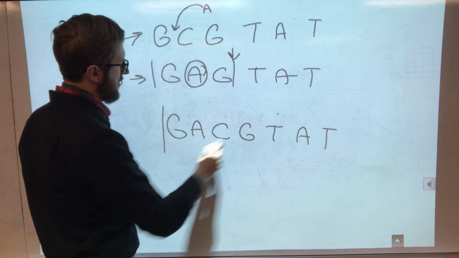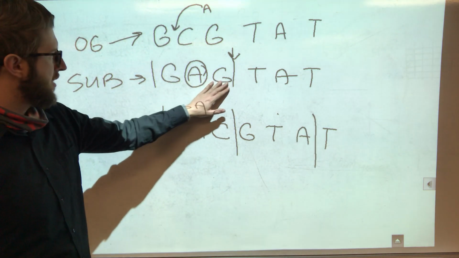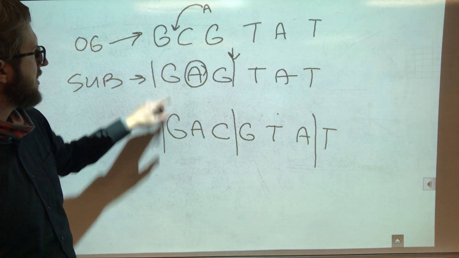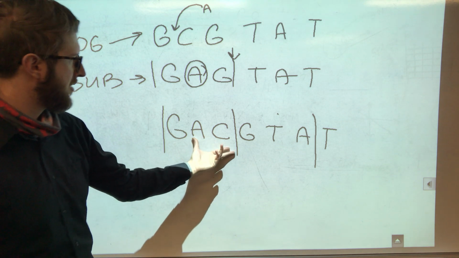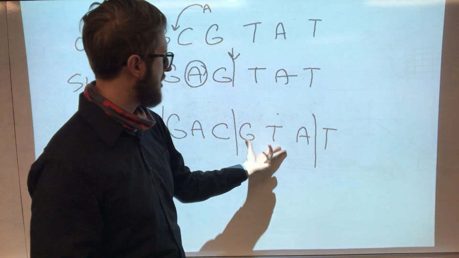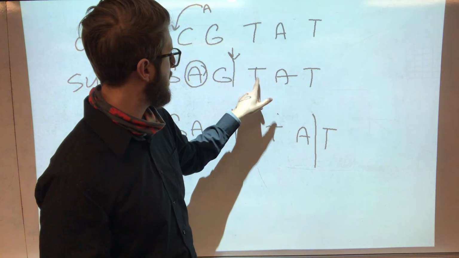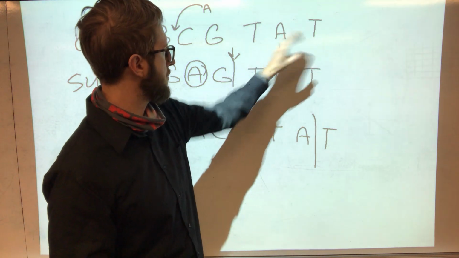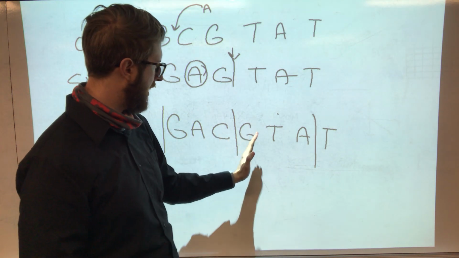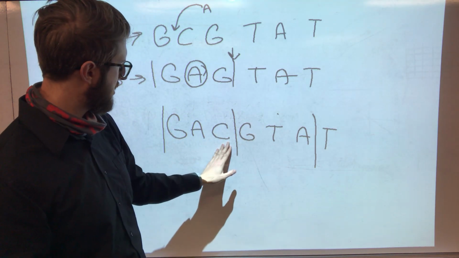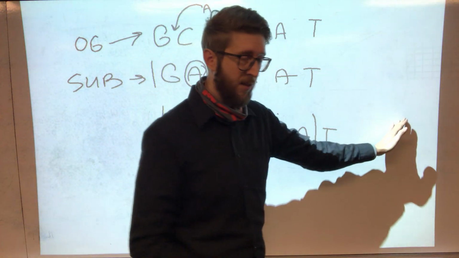So now, not only is this codon thrown off, instead of being GCG like it's supposed to be, but this set of three, or this codon, is also thrown off. So you see in the substitution, the second codon, TAT, is still like the first one. It's still the same. Well, in this one, not only is the first codon thrown off, but now the second one is thrown off. The one after that will be thrown off.